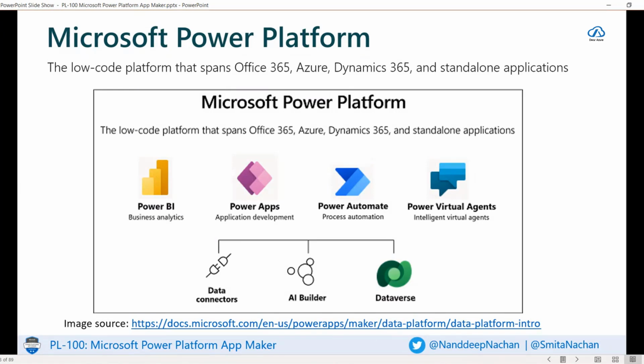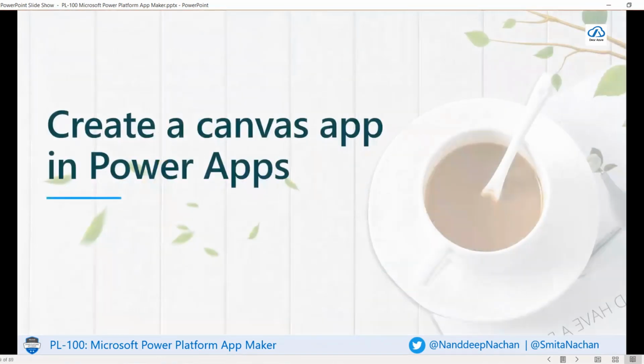And then we have capabilities from AI Builder, through which not just will we be able to create the application, but we will be able to bake some kind of AI into our applications. And then obviously we have Dataverse, which we will be able to use as a backend for all of our applications. All right, so this gives a clear picture of the features as well as the components that we have inside those solutions. Okay, so with that, let's start with how we can create the Canvas app inside Power Apps.